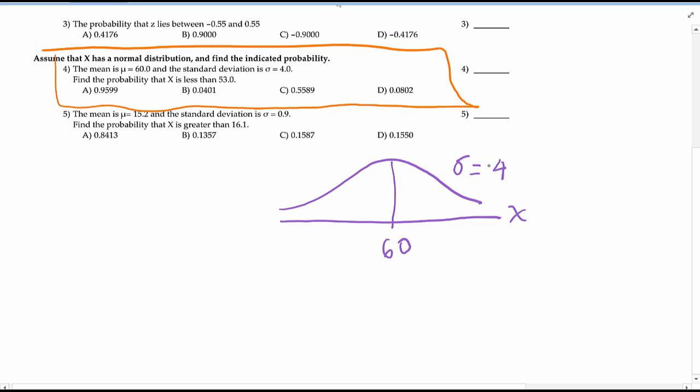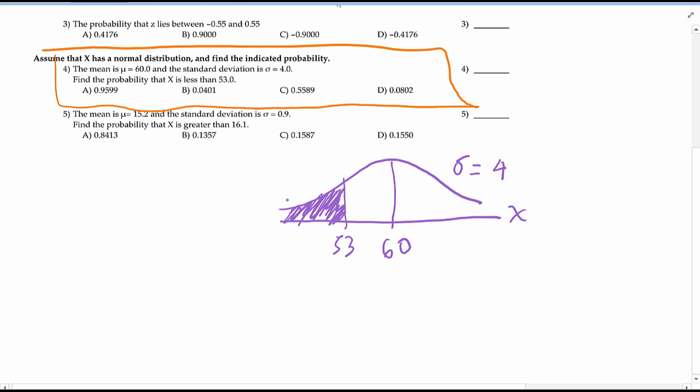We find the probability that the value of the variable is less than 53. So 53 is to the left of 60, and the percentage of values less than 53 is the same as this area under that density function.